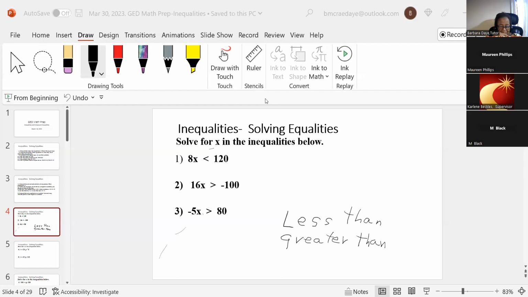I know what you doing anyhow. What is it, Maureen? You don't know what to do? You don't know how to solve for the X? I know I can send my answers, if they're wrong, they're wrong.